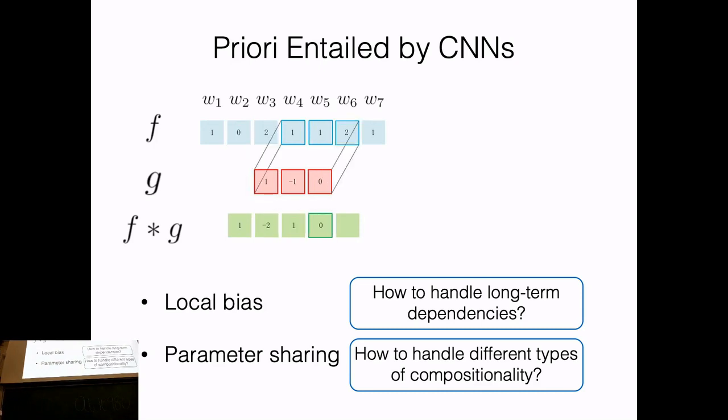For the vanilla convolutional neural networks, the compositionality of the different words is learned based on only one set of shared parameters. What if the compositionality is too complicated? I think parameter sharing alone is not enough.